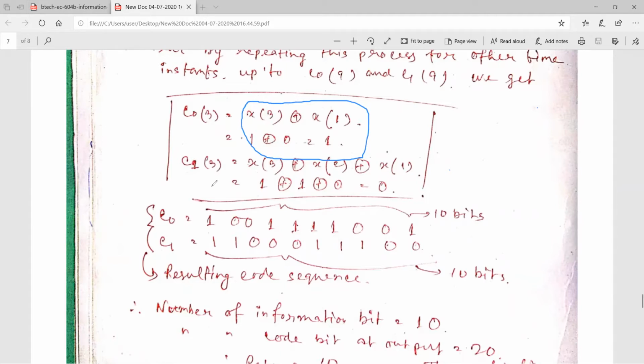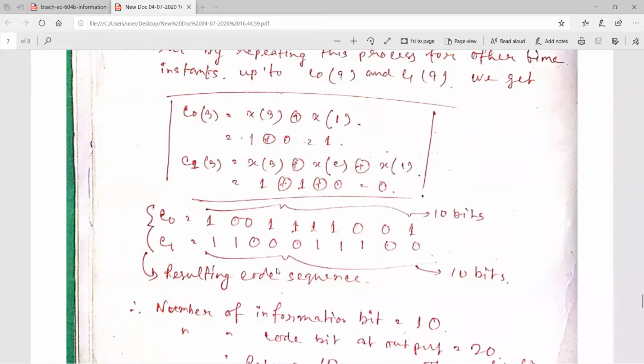And for the C13, what is the representation of C1? That means C1, the code bit for 1, equals xj. So here j equals 3. So x3 plus xj minus 1, so 3 minus 1 equals 2, XOR xj minus 2, that means 3 minus 2 equals 1. So x3, x2, and x1. Corresponding values are taken from the given bit sequence.